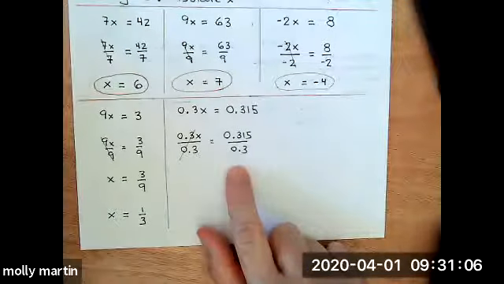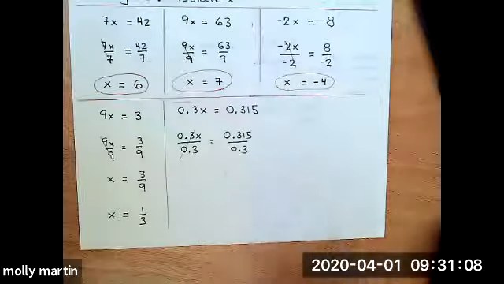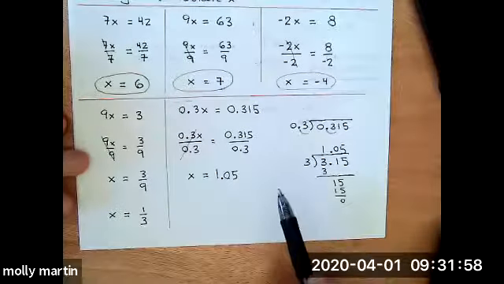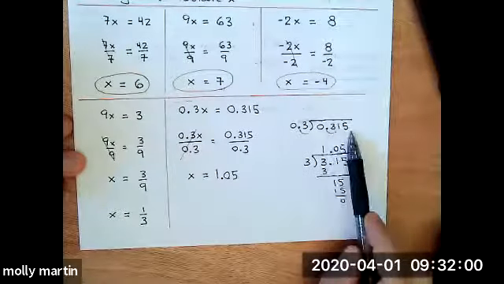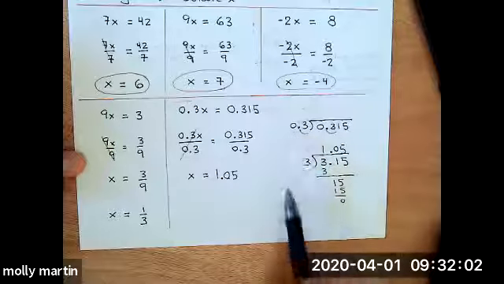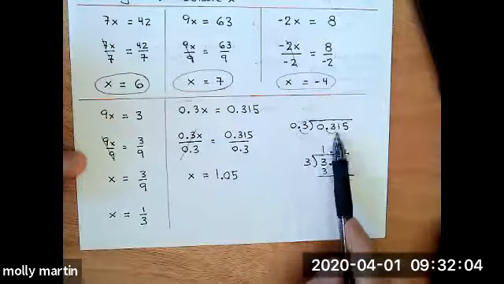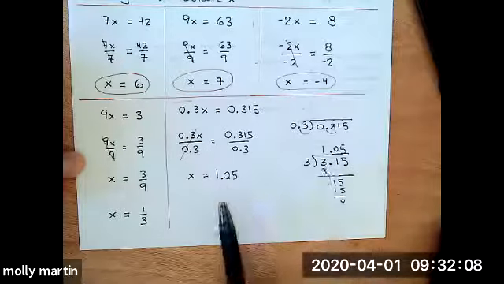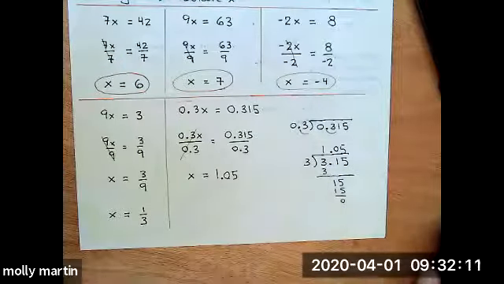And then we'll just simplify this using long division. So 3.15 divided by 0.3, move the decimal point in both numbers one place, and you get 1.05 as your solution.